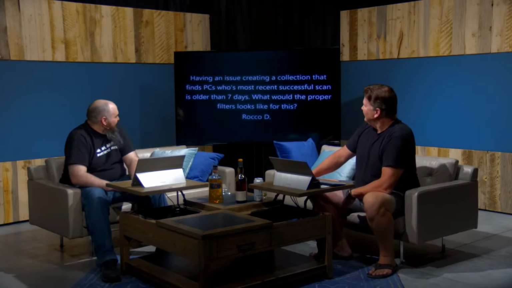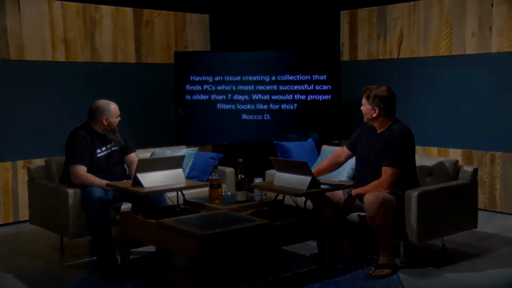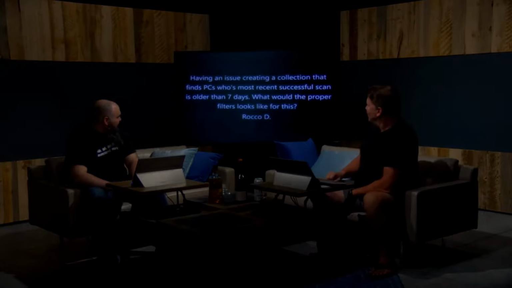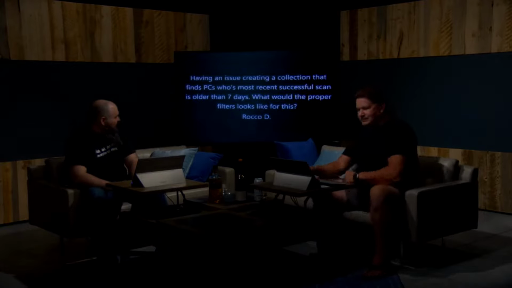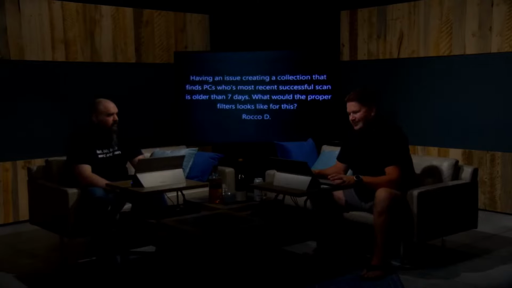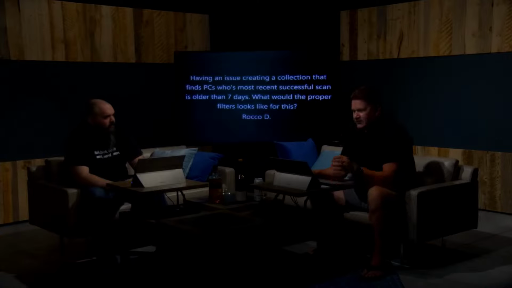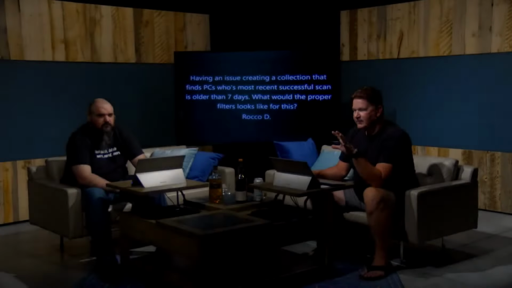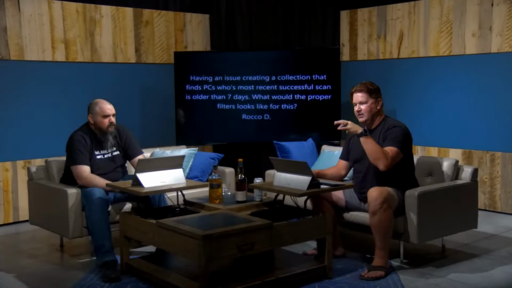Dear guys, having an issue creating a collection that finds PCs whose most recent successful scan is older than 7 days. What would the proper filters look like for this? Sincerely, Rocco D. All right, first of all, let me show you how to find this information in PDQ Inventory.